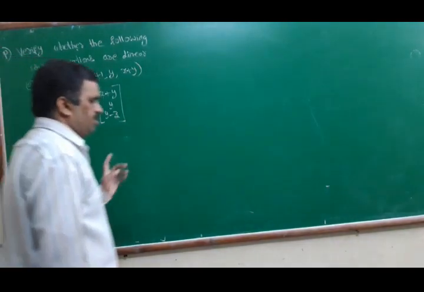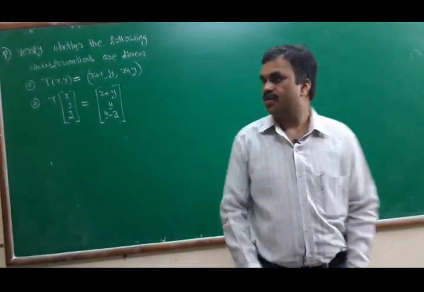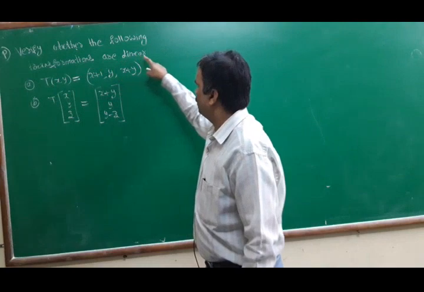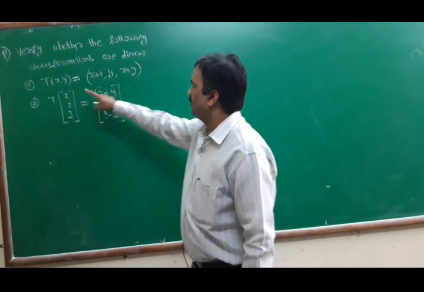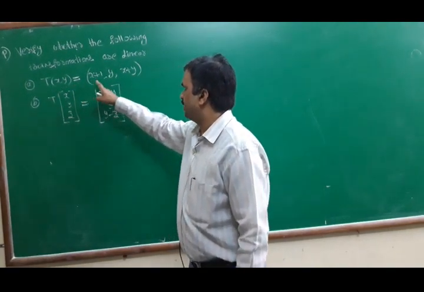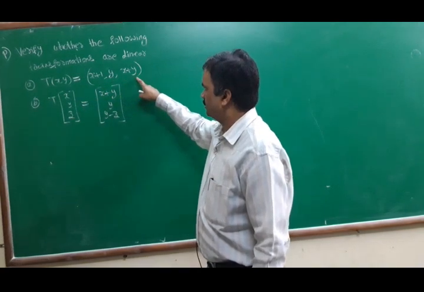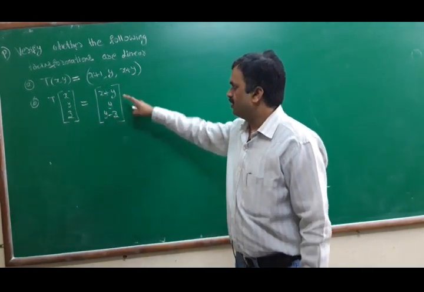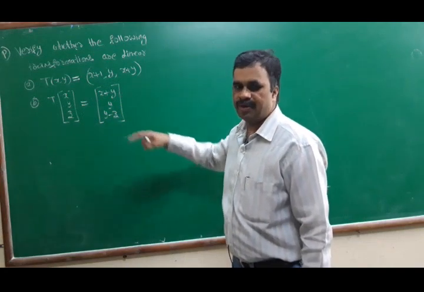Now, problem: verify whether the following transformations are linear. T of x comma y equals x plus 1, y, x plus y. T of x, y, z equals x plus y, y, y minus z.